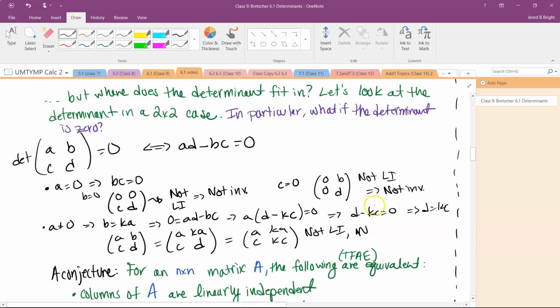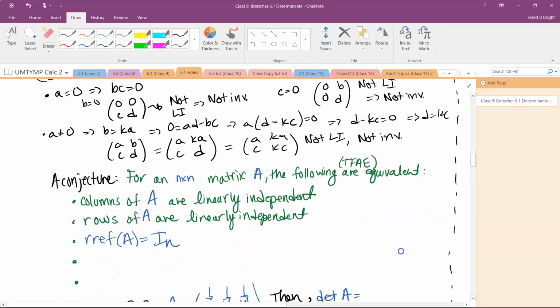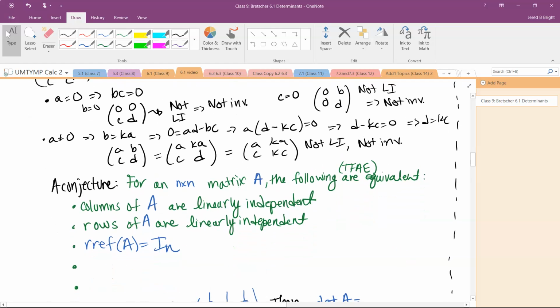Oops. Let's erase that. Okay, so if I look at the determinant as 0, I cannot have these conditions if I want an inverse matrix. So here are some conditions that allow us to say we have an invertible matrix.